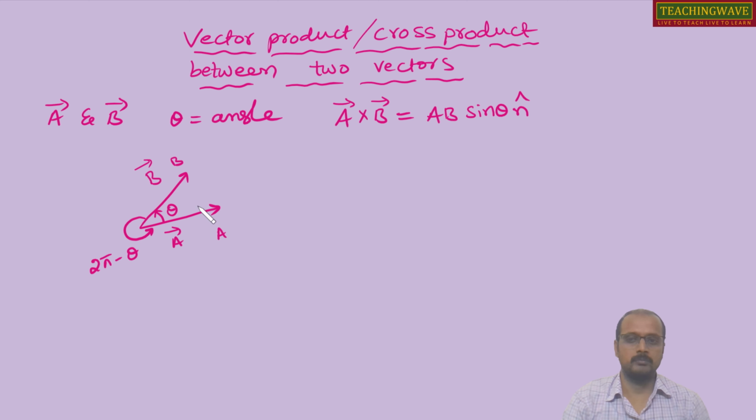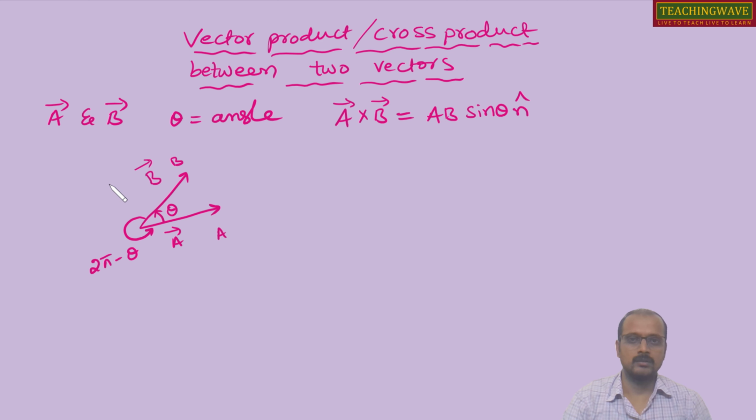Then the cross product can be written as the product of the magnitudes of the first and second vectors with the sine of the angle between them, that is a into b into sine theta. That gives the magnitude, and n cap gives the direction of the resultant vector. That means a bar cross b bar has n cap direction perpendicular to the a vector and perpendicular to the b vector, that is, perpendicular to the plane containing a and b.